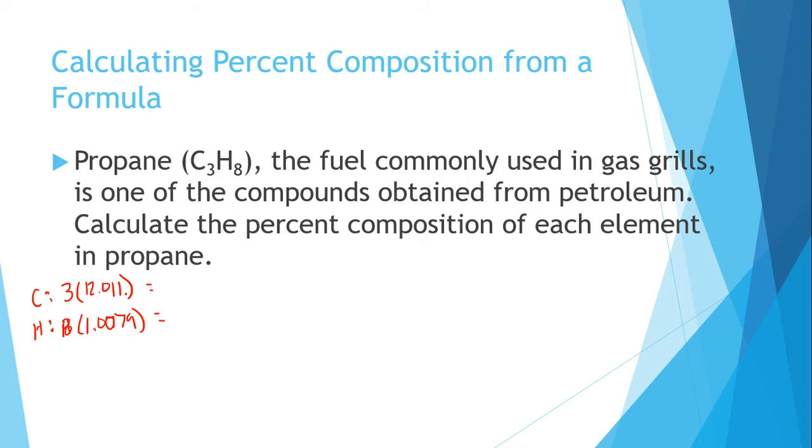So when I calculate that, the carbon is going to be 36, while the hydrogen is 8.0632, and my total mass is going to be 44.0962. So note, I have the grams of each element and the grams of my total now. Then you just set it up just like normal.